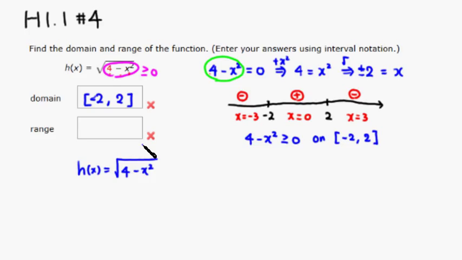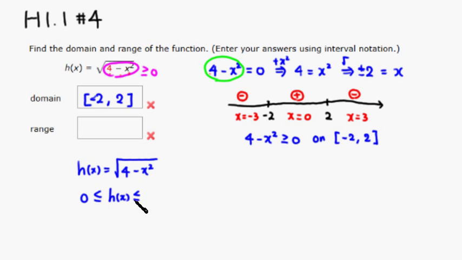Since there's a square root here, this is never negative. So the best we can do is, can we get a 0? We know that when x equals negative 2 or positive 2, this expression is going to be 0. So we can get 0. So the smallest possible number would be 0.